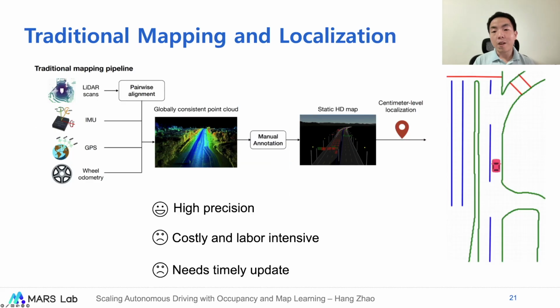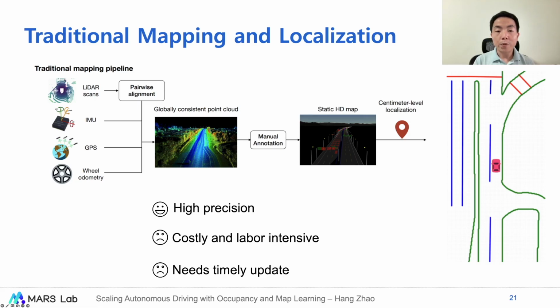Classical methods of annotating and maintaining high-definition maps involve a really complex pipeline. As we know, we have a survey vehicle driving around the city to collect point clouds, and then we densify the point clouds with temporal aggregation and remove dynamic objects. And then we ask human annotators to mark the high-definition maps on top of the point clouds.